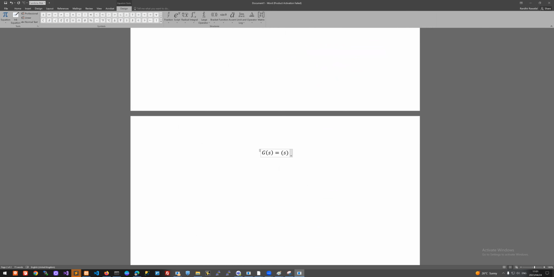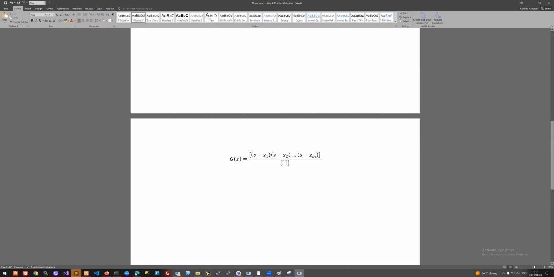So we've got s minus 0 here and s minus 0 there, and maybe there are m zeros. And let's see, I need a ratio here now. And now I have the poles in the denominator.